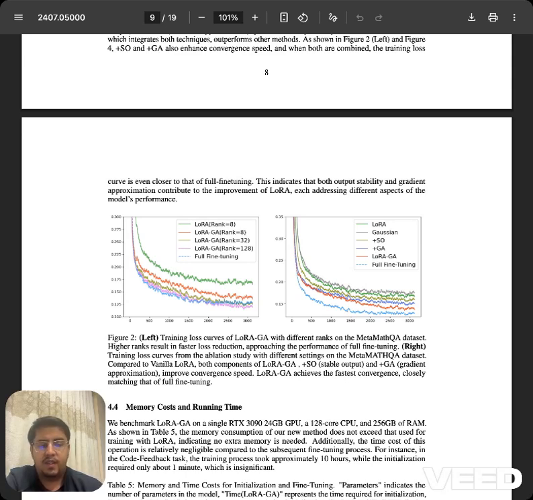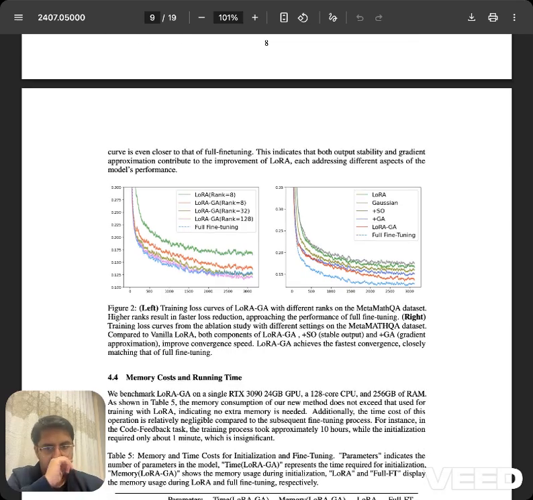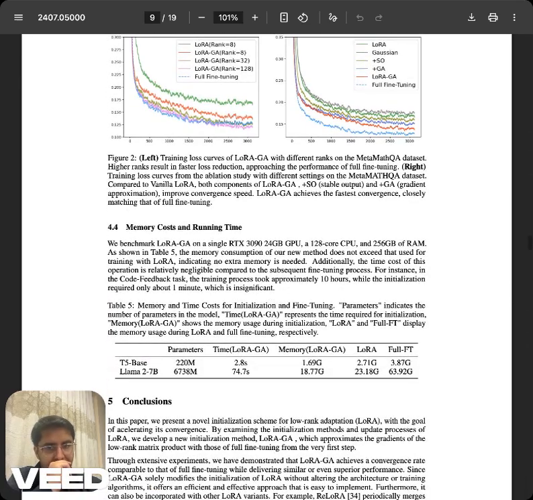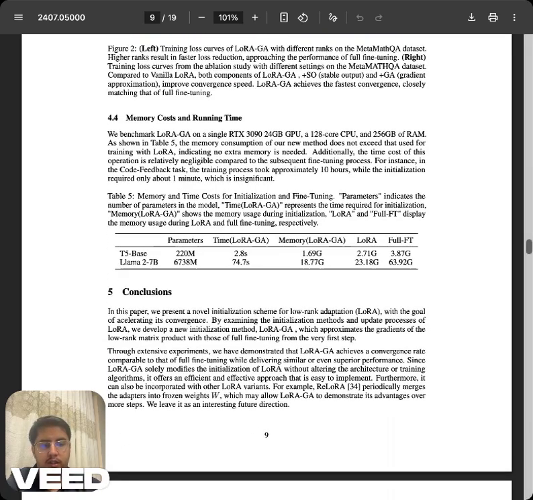This proves the preserving scalability that we talked about in the last section. They've also done rigorous tests on memory costs and runtime, and LoRA-GA fared fairly well, indicating that it is not too resource intensive as a model on the whole.